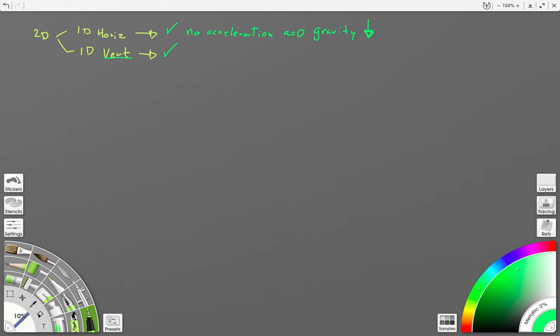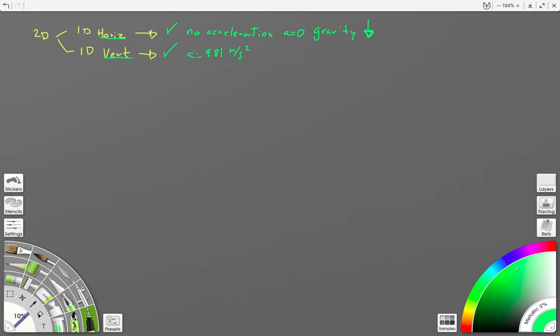We will be using exactly the same equations, just that in this type of motion, the horizontal one, acceleration will be 0. In the vertical motion, we'll be using exactly the same equations that we used in the past topic. We'll have acceleration equal to 9.81 meters per second squared.